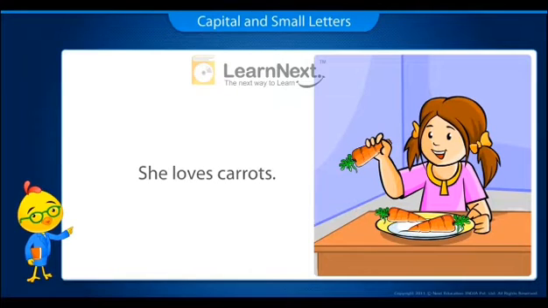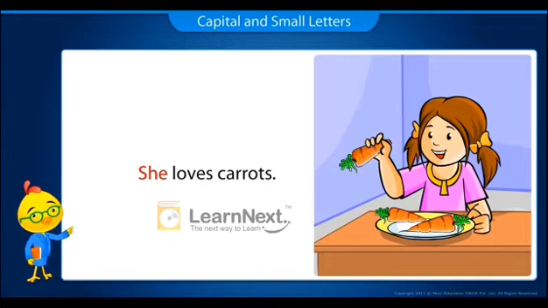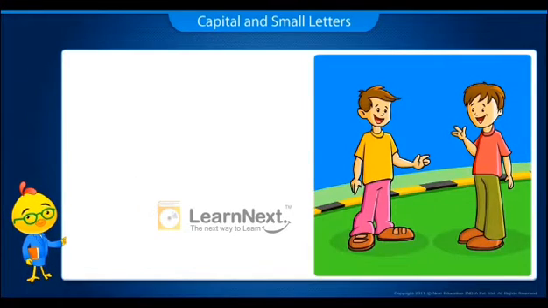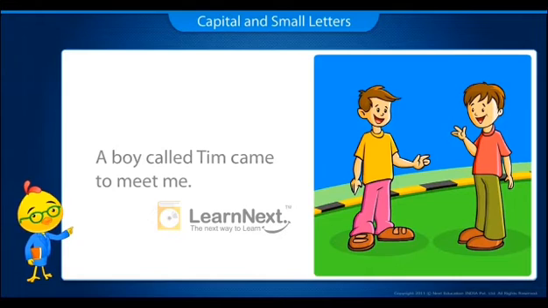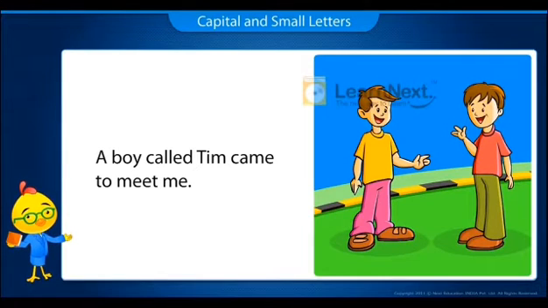Now we'll see our first sentence. That is, she loves carrots. Over here, she is the first word. So, S is the capital letter over here. Now we'll have our next sentence: A boy called Tim came to meet me. So, over here you will see A, Tim's T, capital, isn't it?